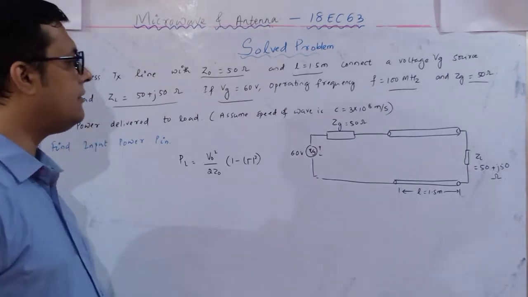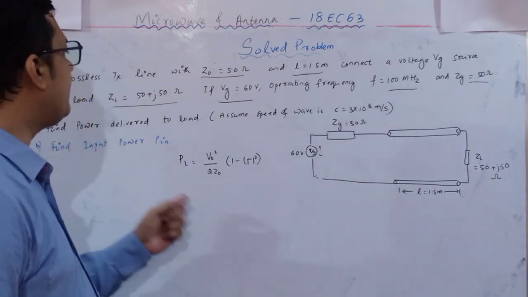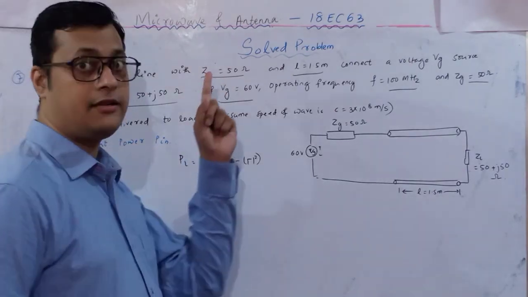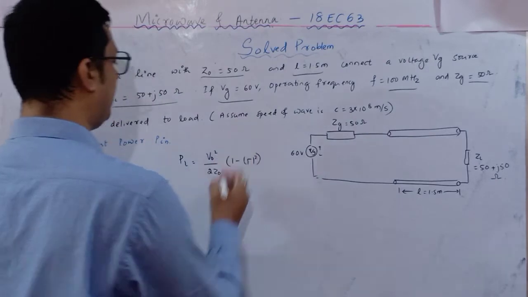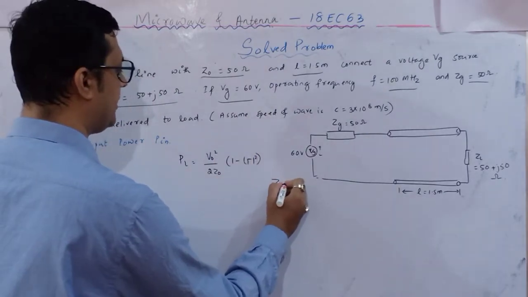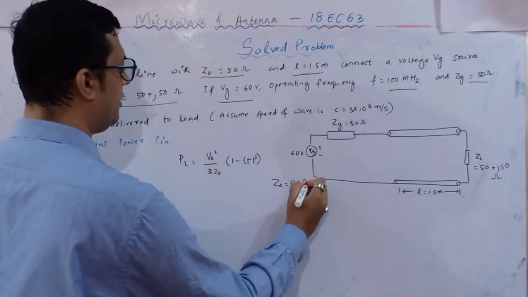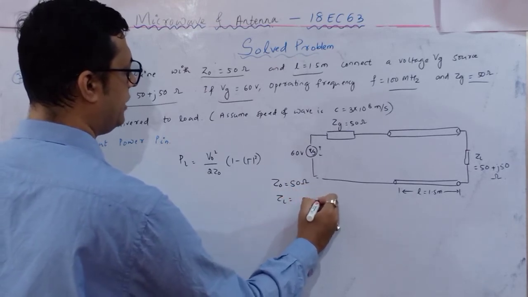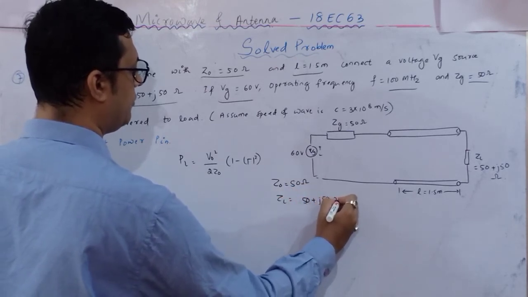Now here Z naught is given as 50 ohm. So Z naught is 50 ohm, ZL is 50 plus j50 ohm.